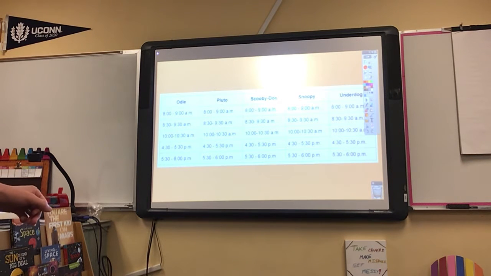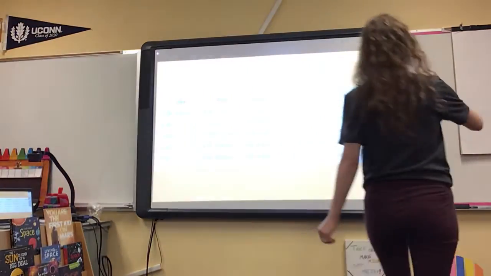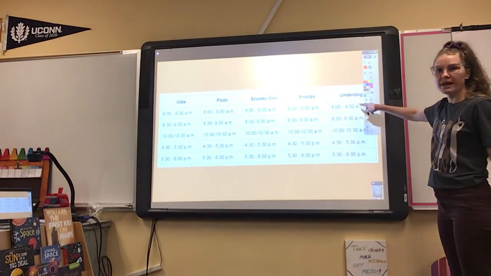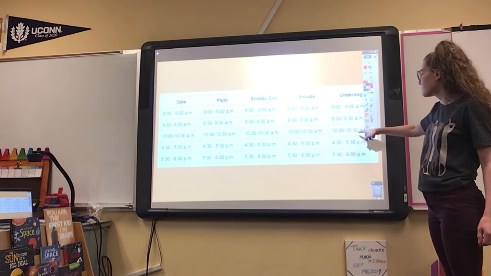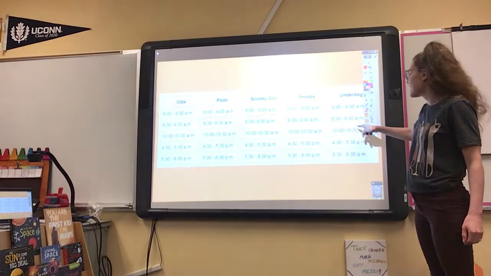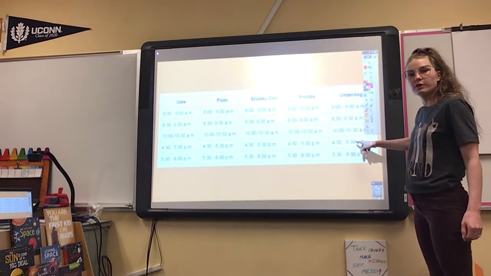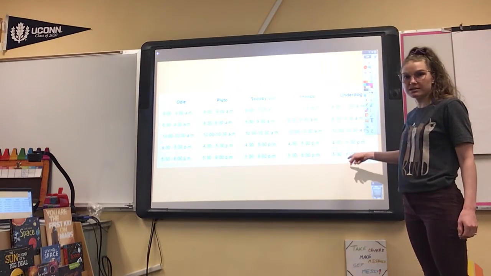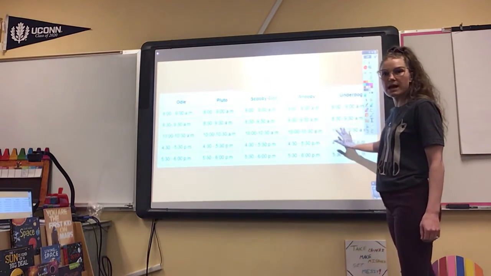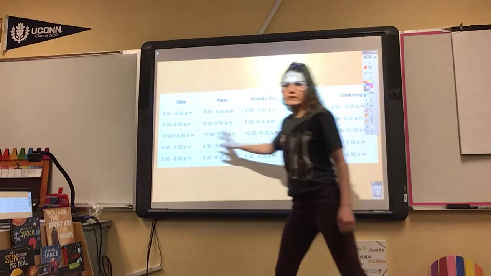And then below it, you can see the time availabilities for those shows. So one show goes from 8 to 9. One show goes 8:30 to 9:30. One goes from 10 to 10:30. One goes 4:30 to 5:30. And then one goes 5:30 to 6. So you can see those same times listed for every dog.